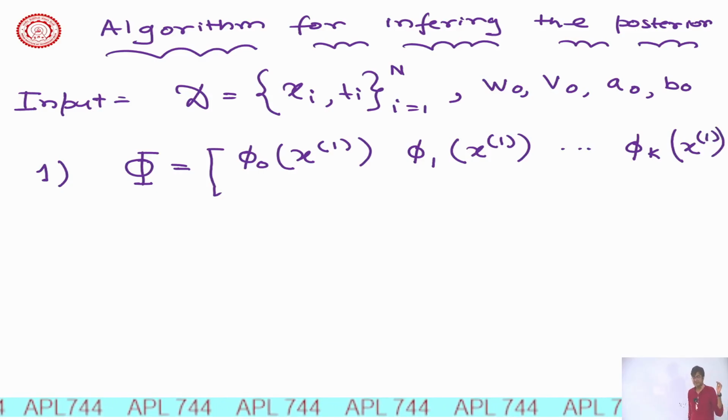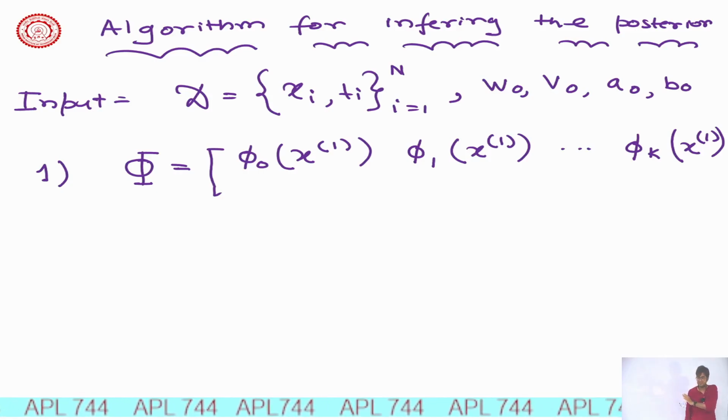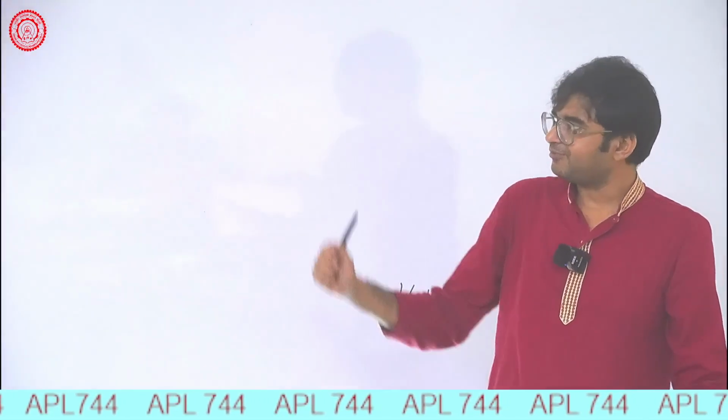This is the first row where you are taking the first training sample and all the basis functions are evaluated, right? The second row will be, can you tell me the first element of second row?